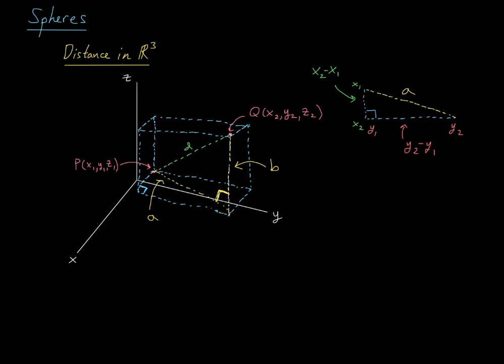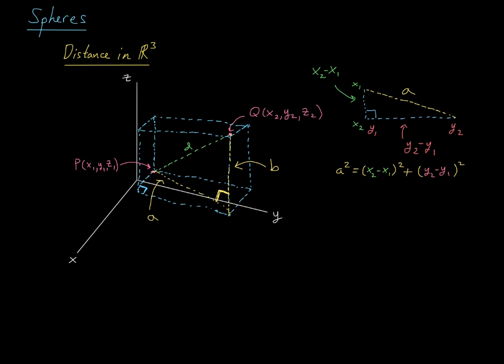Since A is the hypotenuse of this triangle, A squared is the sum of the squares of the difference in our x values, x2 minus x1, and the difference in the y values, y2 minus y1.